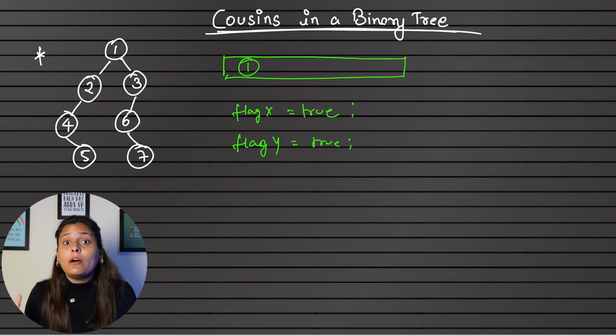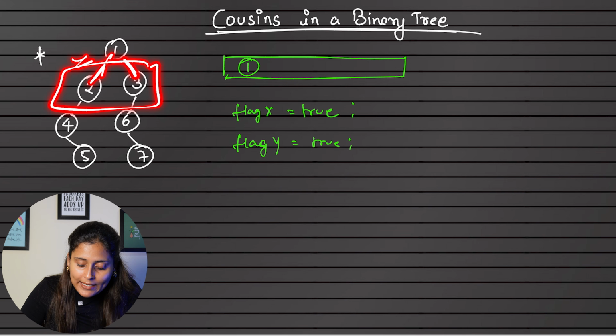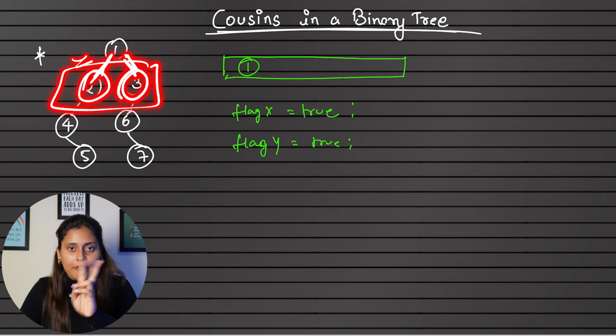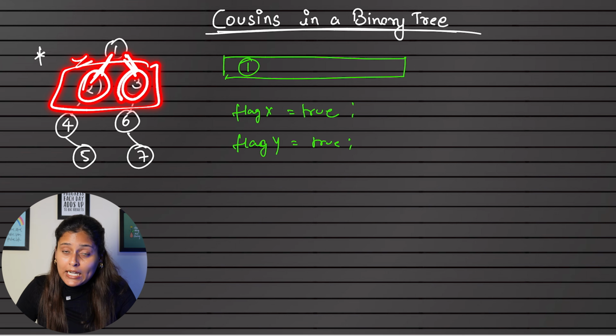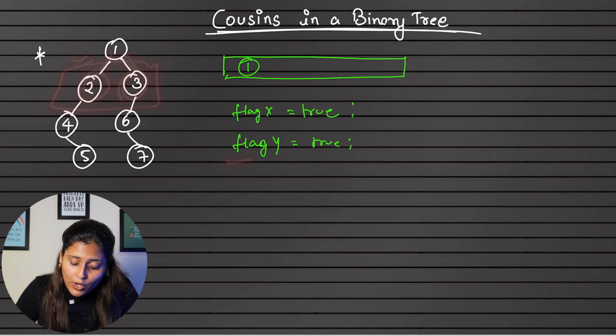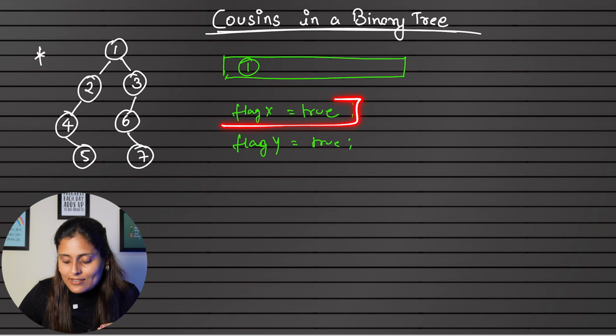The second thing was regarding their parent. Initially I checked for the parent: are their nodes matching with X and Y? If yes, they are siblings, return false. So if at a particular level it has been saved from this sibling part and they are present at the same level, we just have to check the flags now.